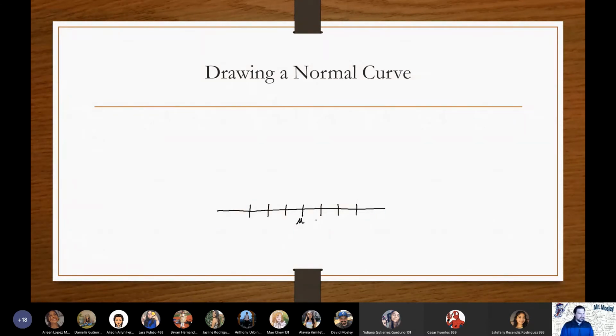This next one is mu plus sigma. This is mu plus 2 sigma. Mu plus 3 sigma. Right? And the other side, we're subtracting the standard deviations.